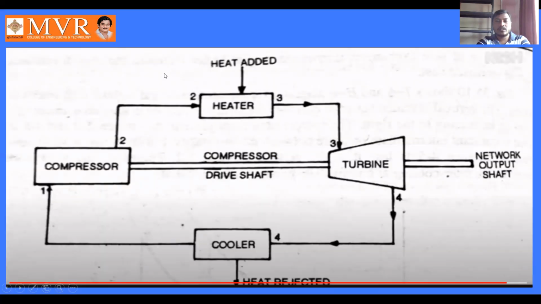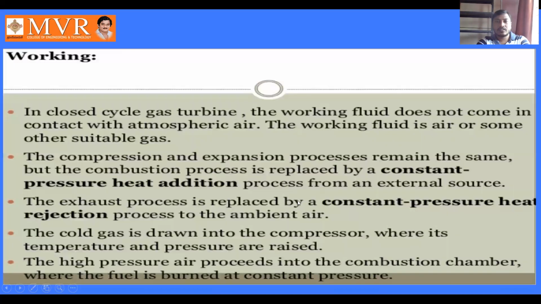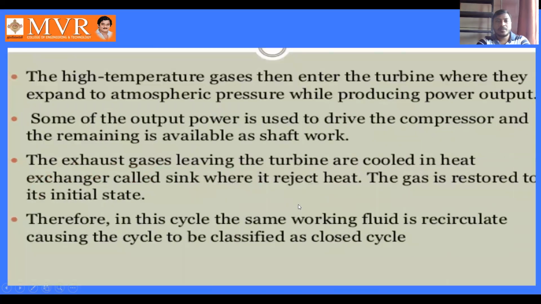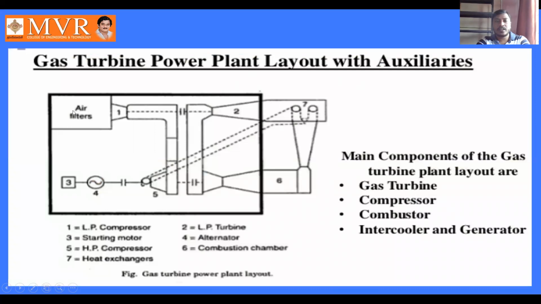In the closed cycle, constant pressure is maintained in the combustion chamber. Coming to the gas turbine power plant, the air enters the low pressure compressor after filtering in the air filters, and then enters the intercooler.